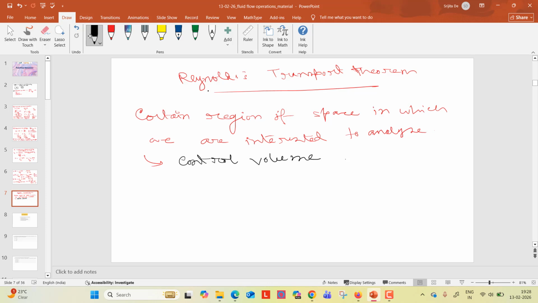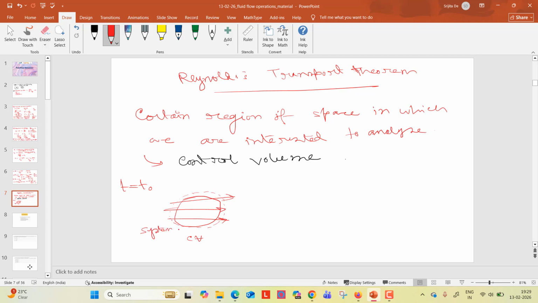So suppose at time t equals 0, or time t equals t0, there is a control volume, suppose a random shape, right? This is your control volume, okay? And some fluid is passing through this. This is your control volume and this is your whole system, okay?